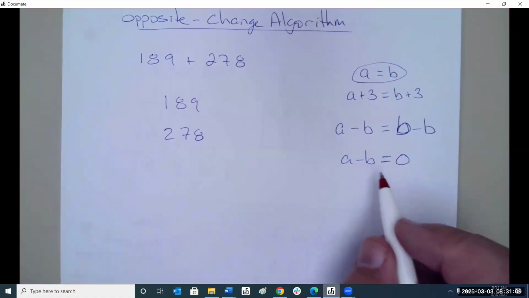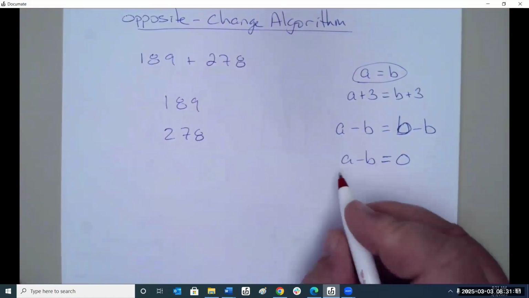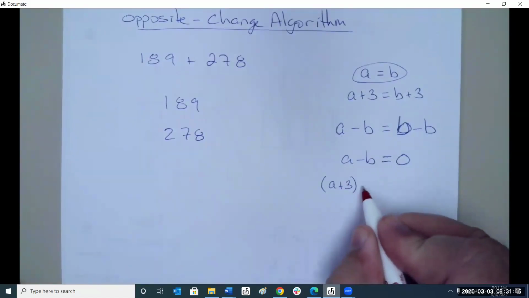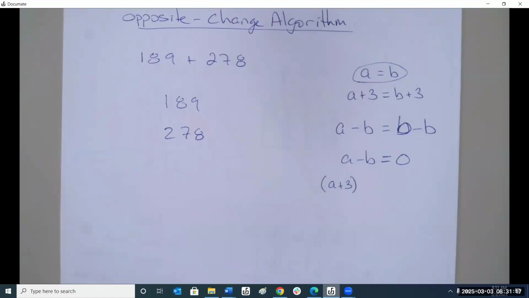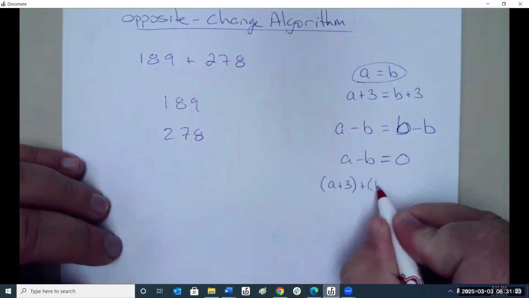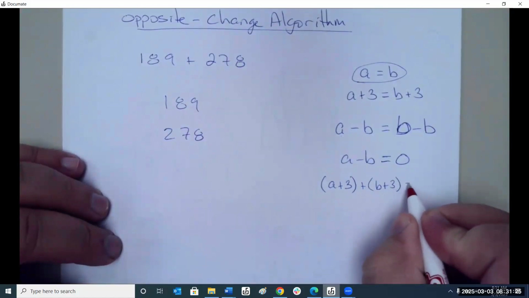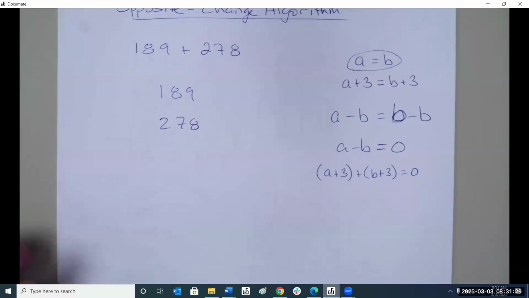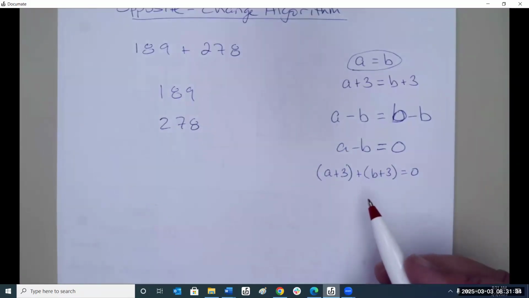To keep this the same, if I add 3 to A, what do I have to do to B to keep it the same? If I add 3 to B, notice I put them in parentheses. This will be important because you'll see why.